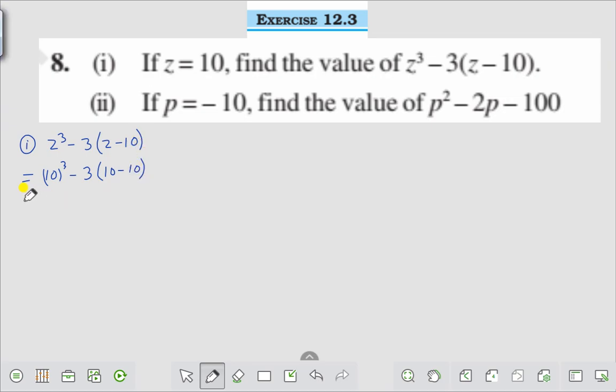Therefore we are getting 10 to the power cube is 1000, minus 3, 10 minus 10 is 0. That is 1000 minus 0, that is equal to 1000. This is the answer.